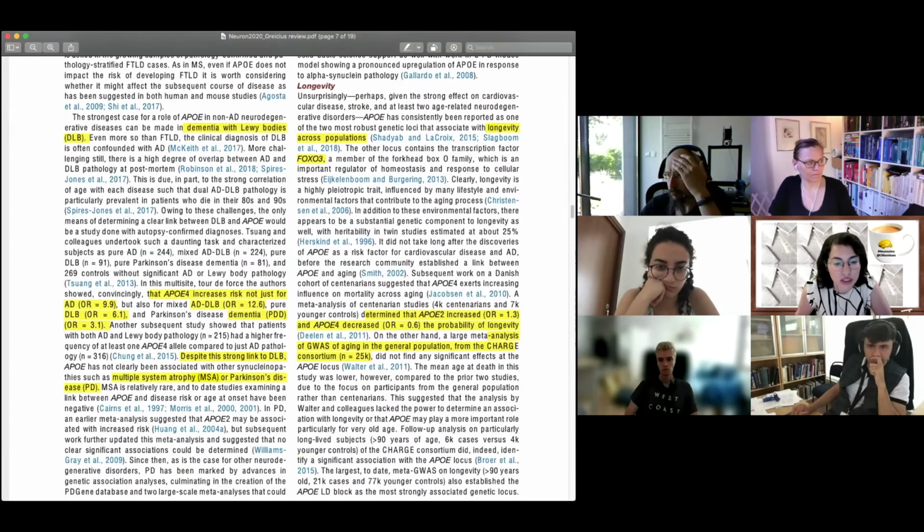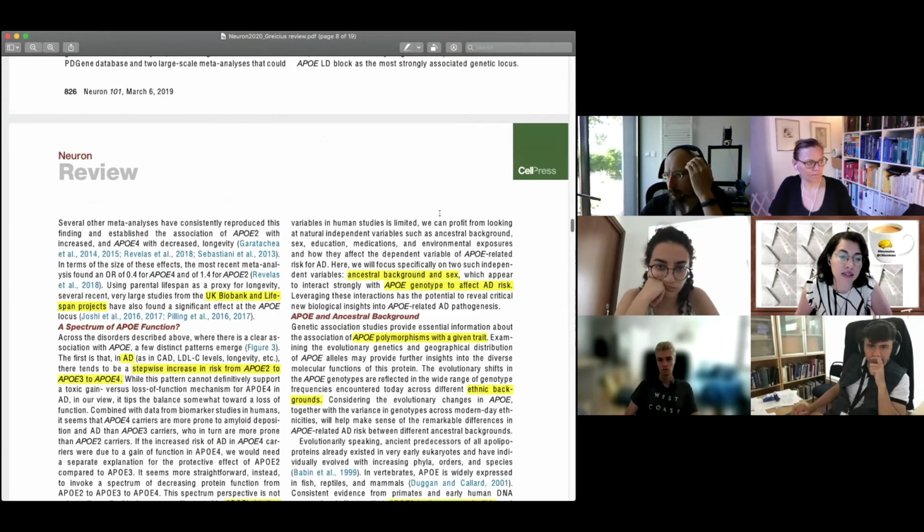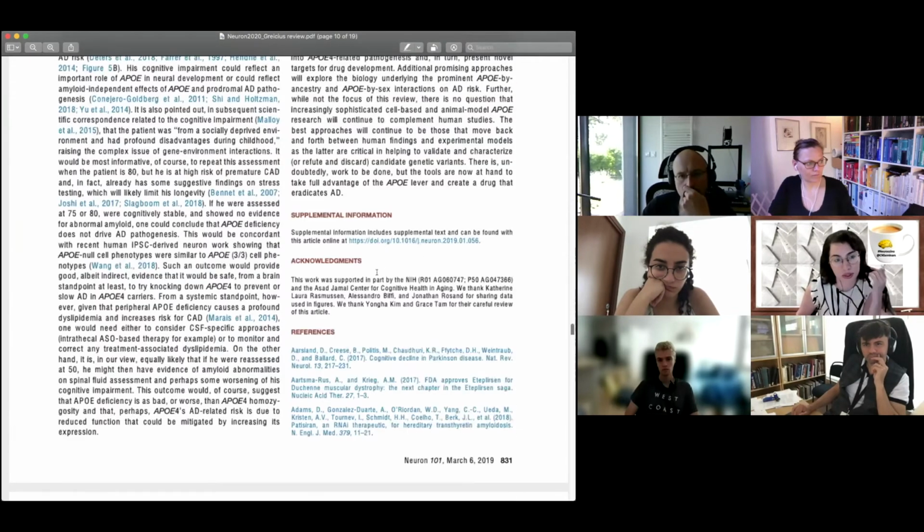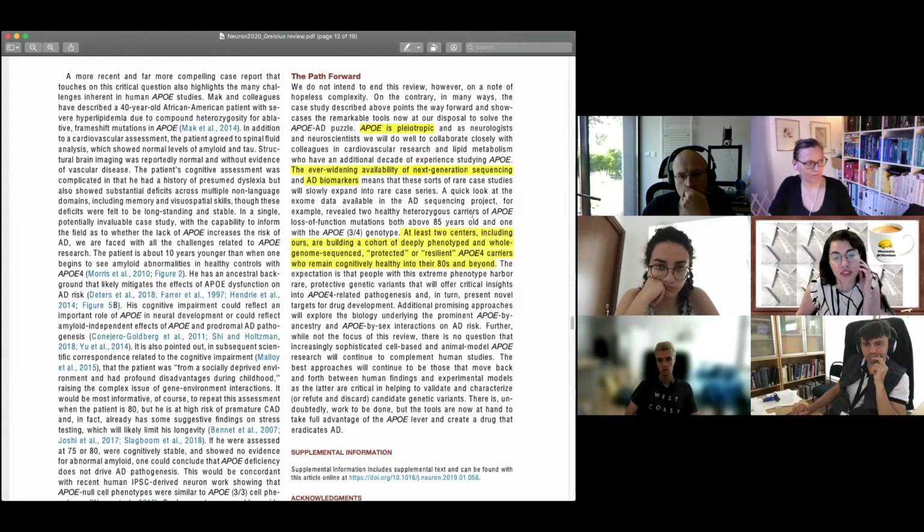Also in the conclusion, they say that Stanford, the group that conducted these reviews, is creating a biobank for extensive biomarkers, also using next generation sequencing, where you can see more genetic variants or mutations.